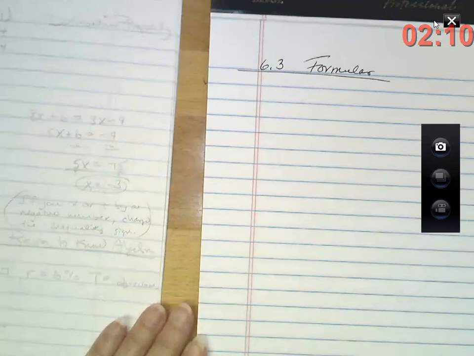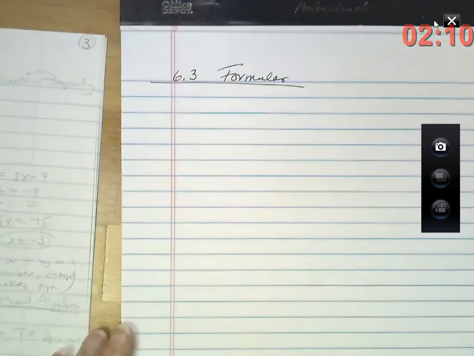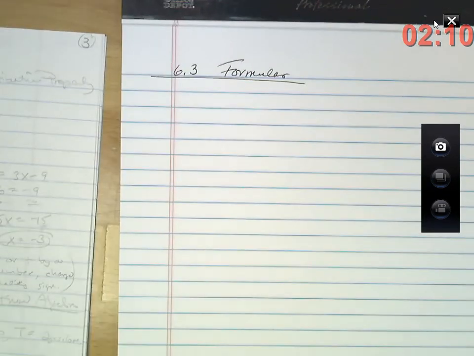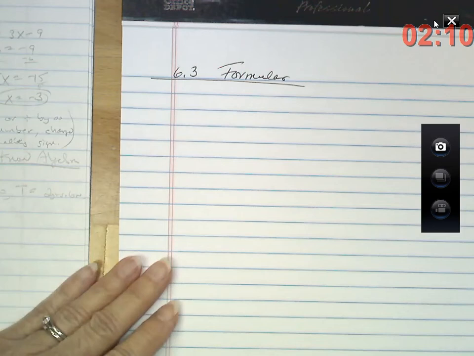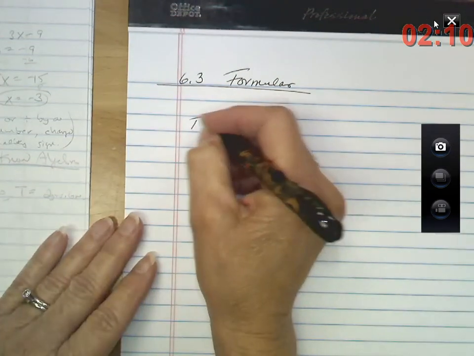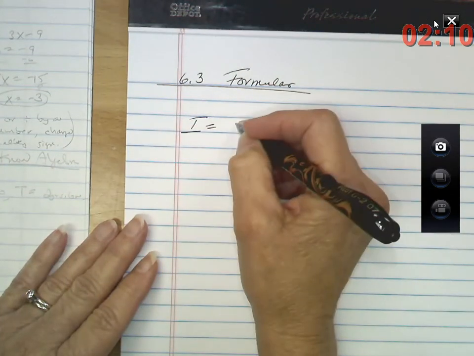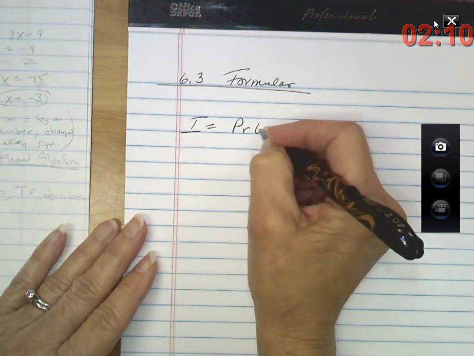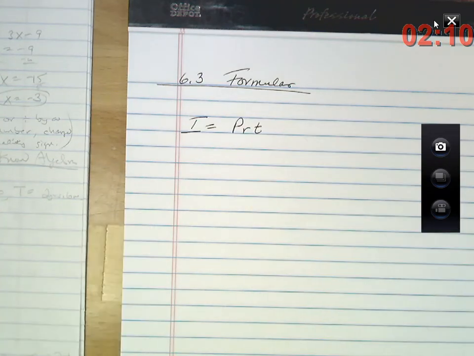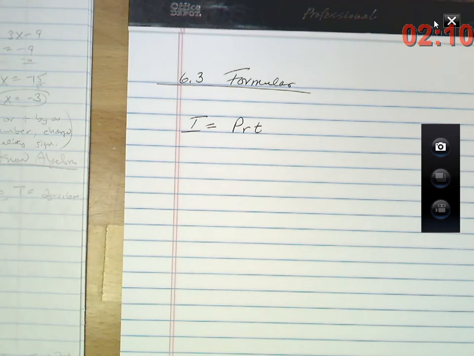This is the whole reason for needing algebra, is working a formula. Because all sorts of places in life you run into formulas. One of them is figuring interest. Interest is equal to the principal times the rate times the time. I is interest, P is principal, R is rate, and T is time.